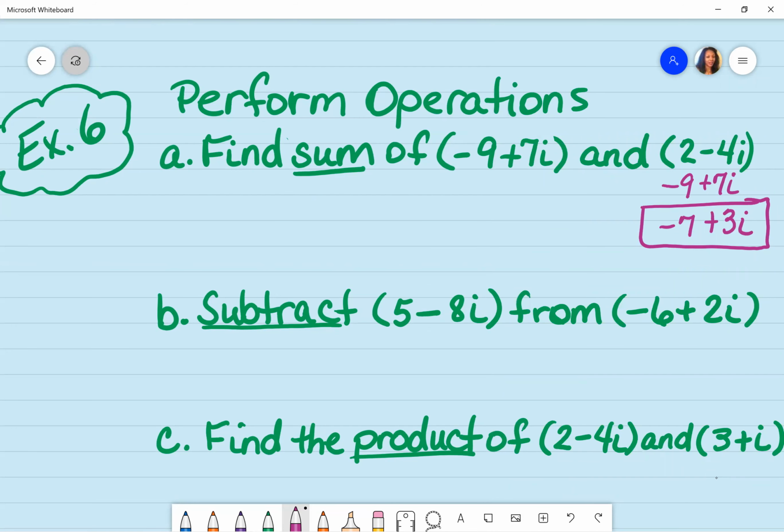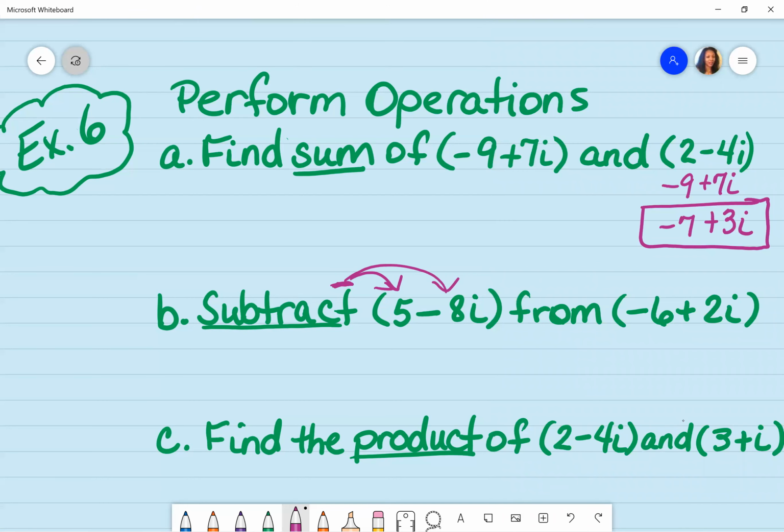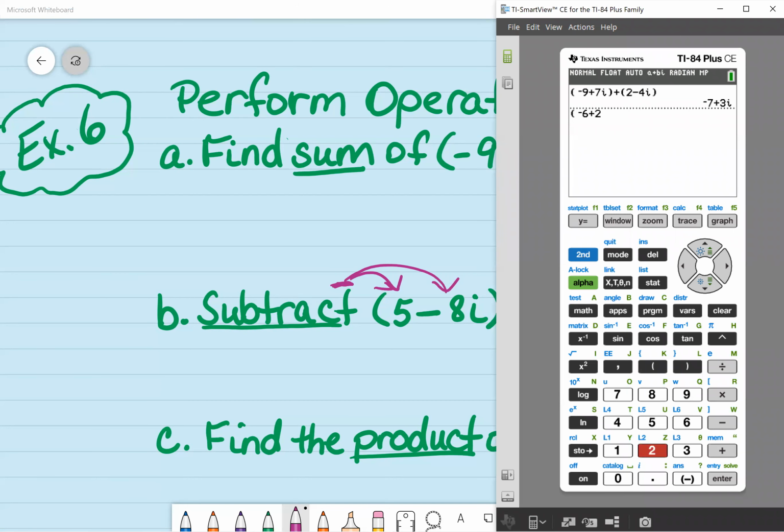All right, the next one, you just need to know what order to put it in the calculator. It says to subtract this parentheses from the other one. So that means this goes first. After from, that goes first, okay? So that is going to be parentheses -6 plus 2i, another parentheses, I'm subtracting this time, and it'll do the distributive portion for me, 5 minus 8i, so I don't have to change it if I'm putting it in the calculator, it'll do it for me.